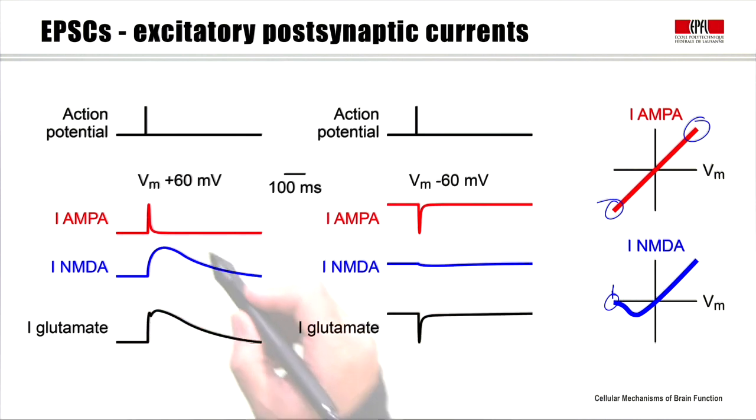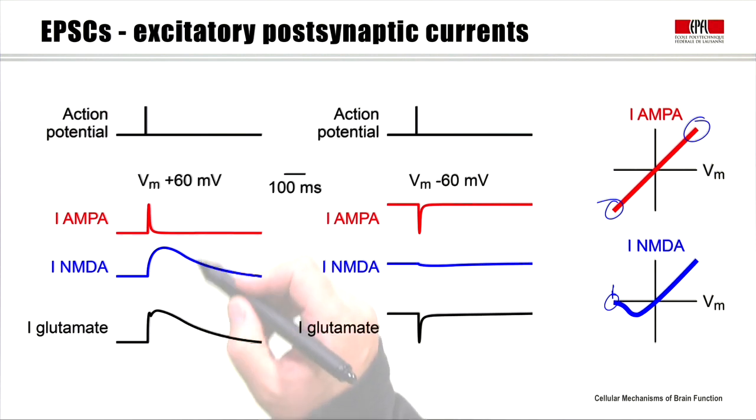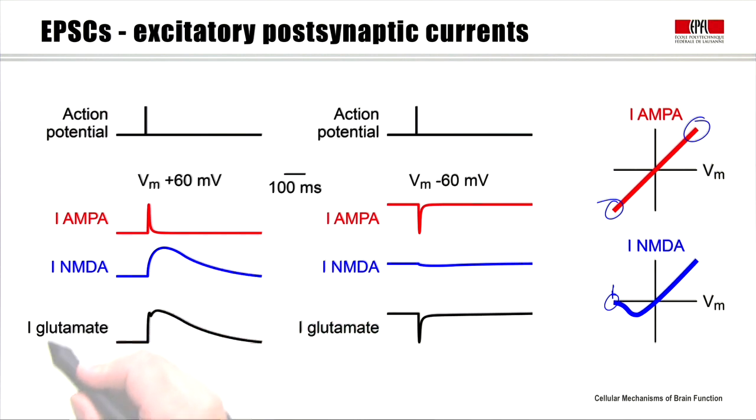But now the NMDA channels can contribute. Magnesium has been expelled from the ion channel pore, it no longer blocks, and we get a considerable current flowing through the NMDA receptor. And it's the summation of these two that gives rise to the total EPSC recorded at positive potentials, a fast AMPA component and a slower, longer-lasting NMDA component.